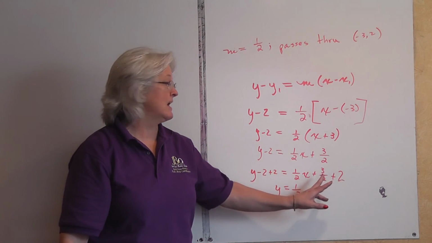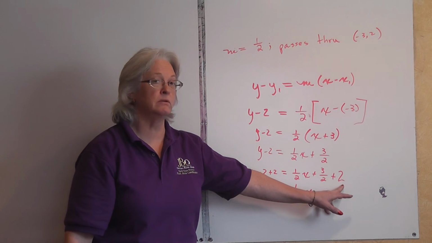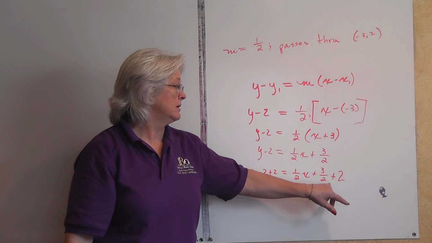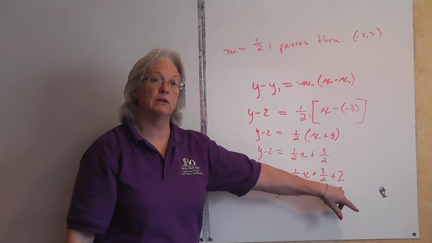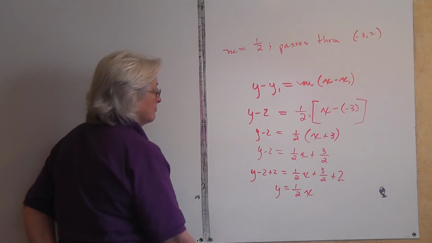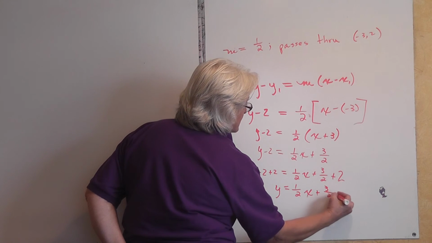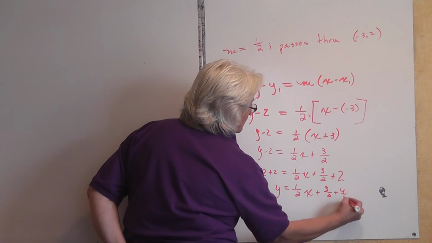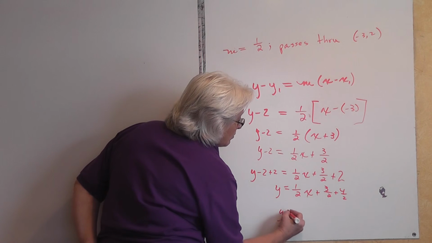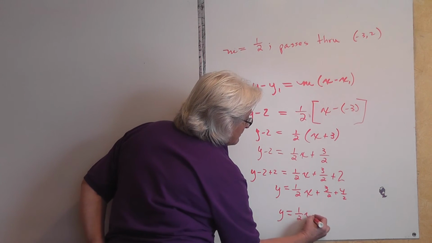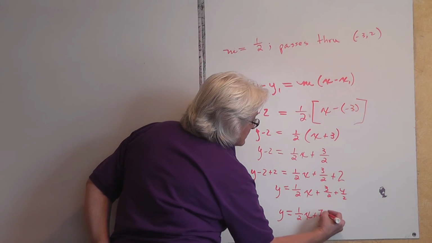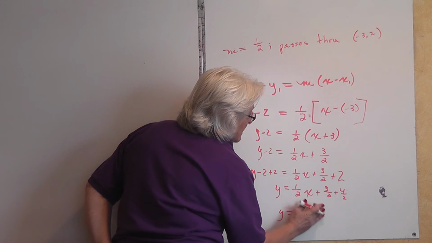How are we going to add 3/2 plus 2? That's not 3.5. We're going to change our 2. We're going to rename that. You do not need to show all of these extra steps here if you understand what I'm doing with the fractions. So that y is equal to 1/2 x plus 7/2.